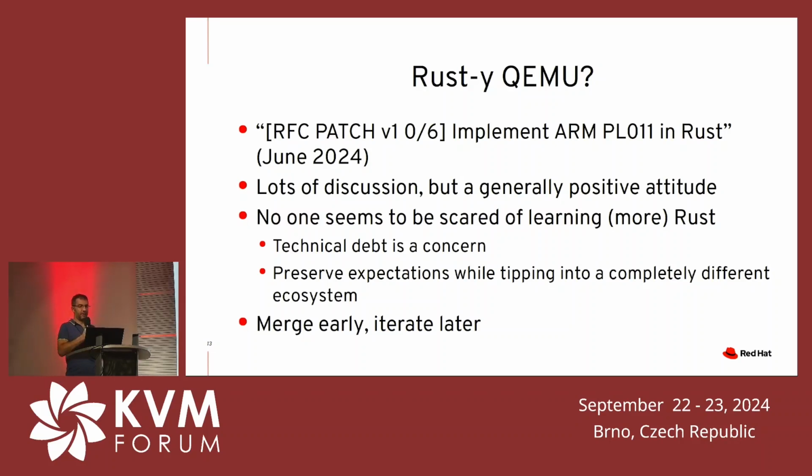There is a concern of having technical debt by rushing too much into code that may not be the best Rust code. We also need to preserve the expectations that distros have of a C program, while entering a completely different ecosystem based on crates and very fine-grained dependencies compared to what you have in C.